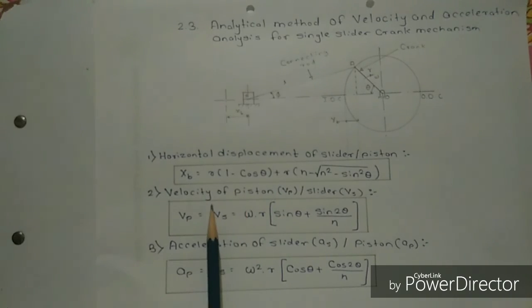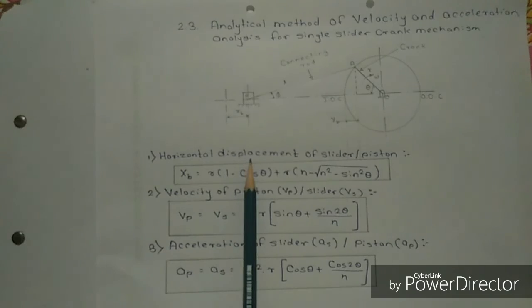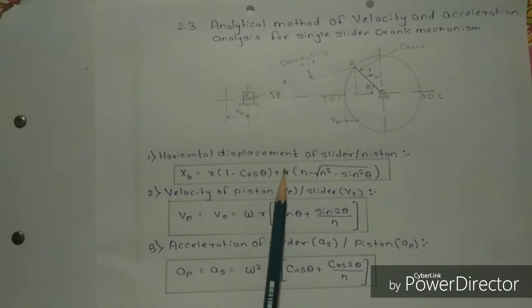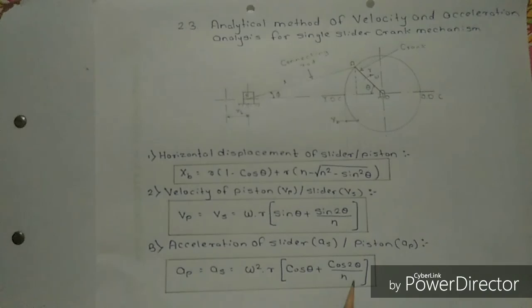We differentiate the displacement with respect to time to find velocity. Then to find acceleration, we differentiate this velocity with respect to time. Then we get the acceleration of piston or slider equal to omega square into R (cos theta + cos 2 theta upon n), where n is the obliquity ratio.